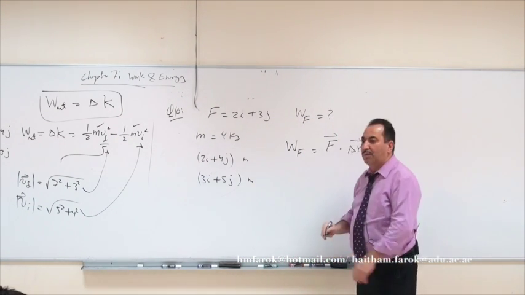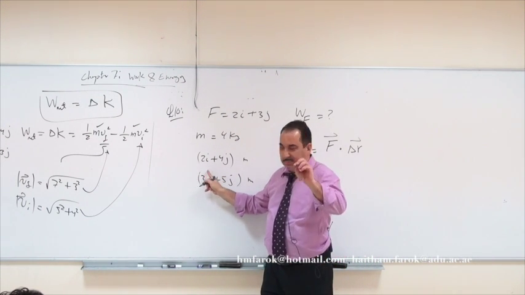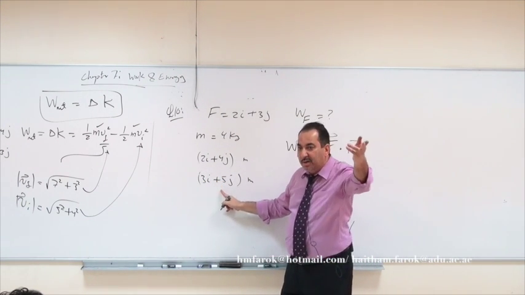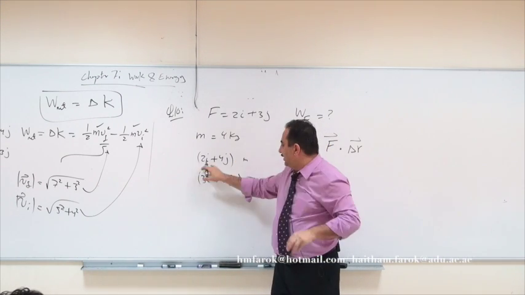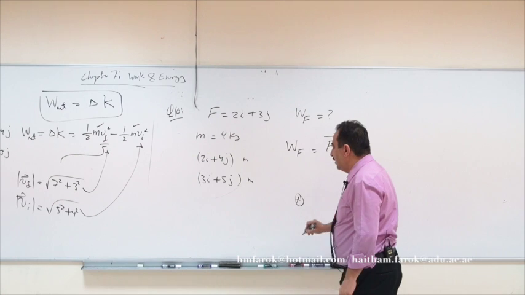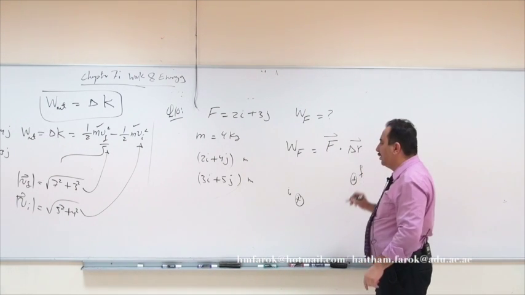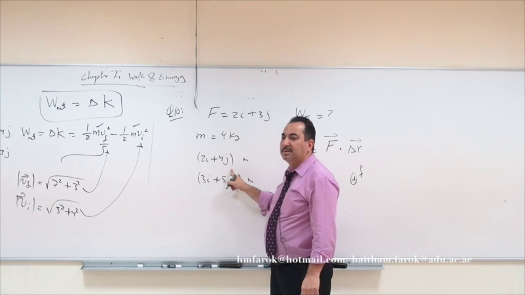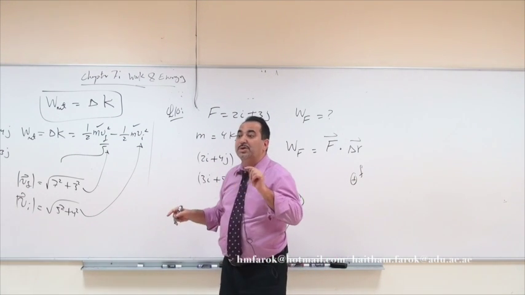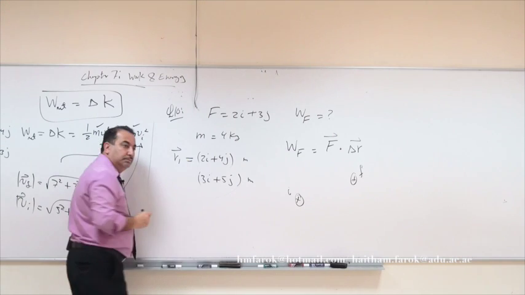Okay. Now, this is a point. This is another. And you move the object from this point to that point. So initially it's here. Finally it's here maybe. So what does this represent? The initial position vector, r1 vector.